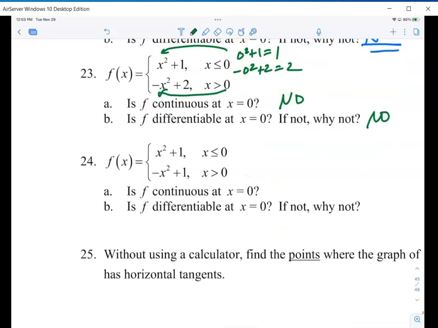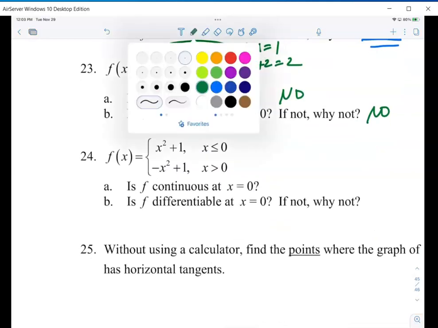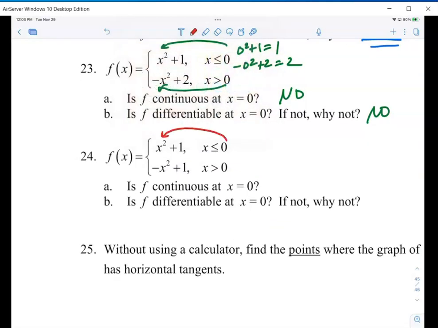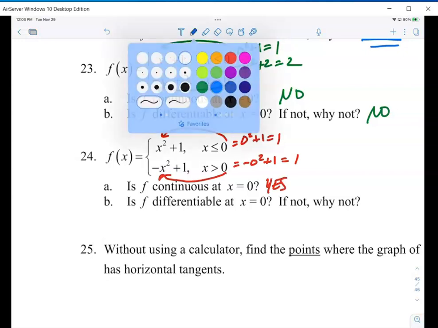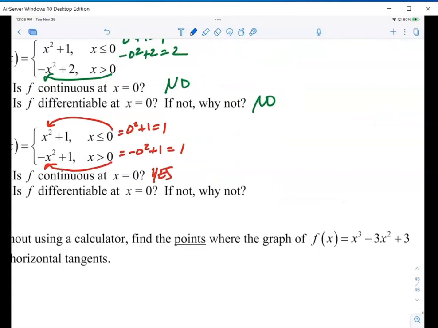All right, 24. Is it continuous? Well, if I plug in 0, I get 1. If I plug this in, negative 0, I get 1. So yes, it looks like it's continuous. Now I'm going to see if it's differentiable. So I got to take the derivative of each one.